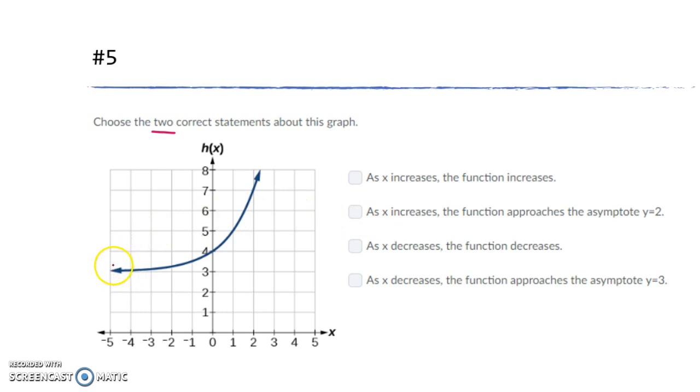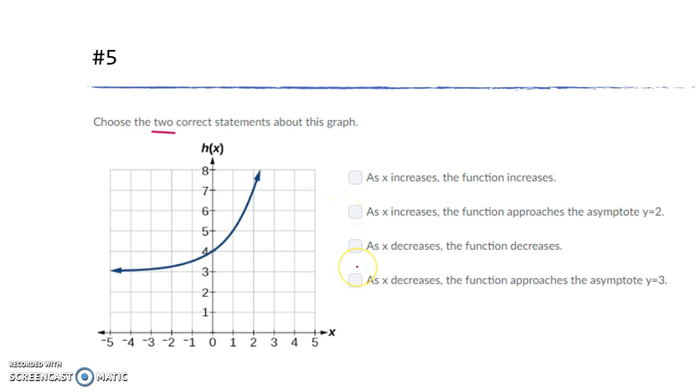I start with small values of x, and I want my x values to get larger. And you're just seeing what happens to the graph as you follow that movement. So again, I'm going to start on the left, move to the right, and I see that my graph tends to go upward. So you will select whichever choice matches that description best.